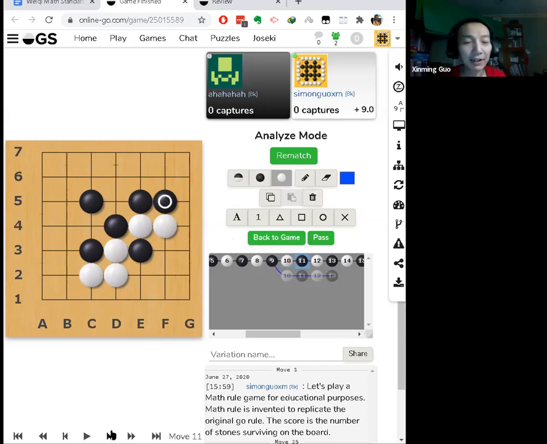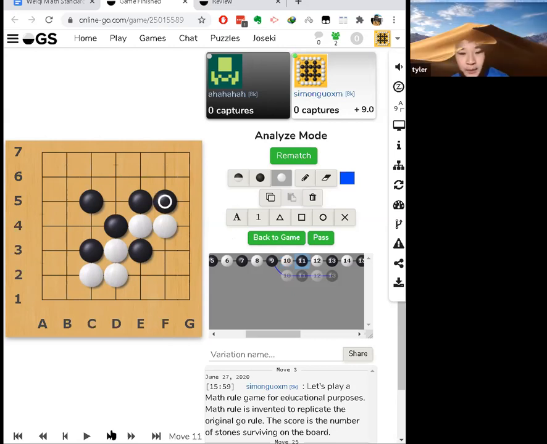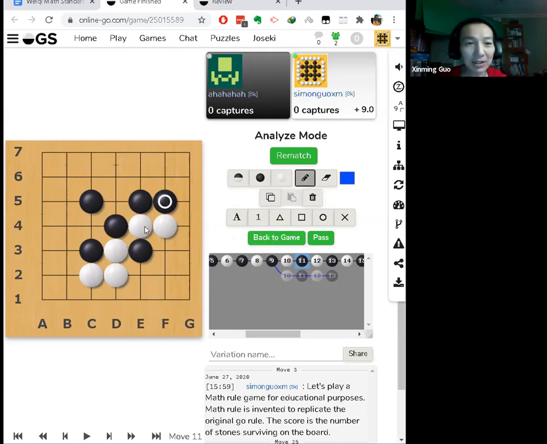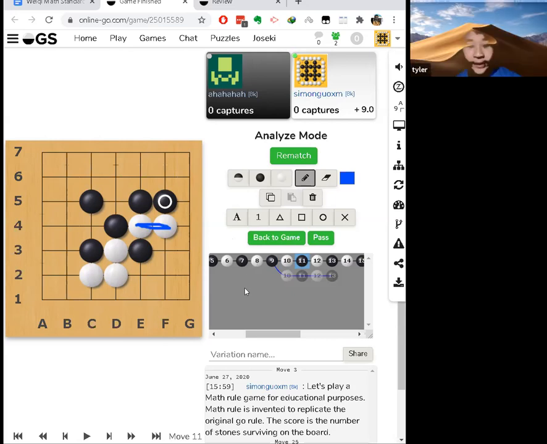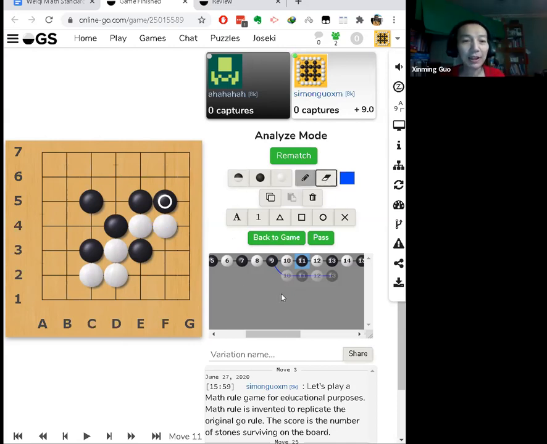Black plays here, decreasing the qi of white. Now, how many qi for the white string? 1, 1, 2. Two qi. And now it's white's turn. What should white do?